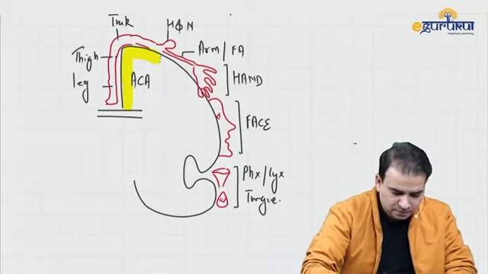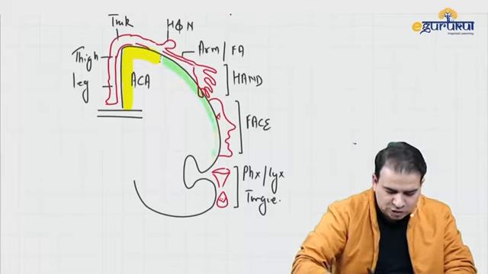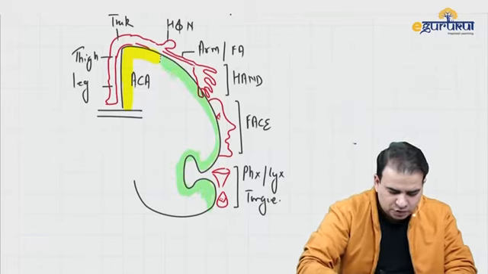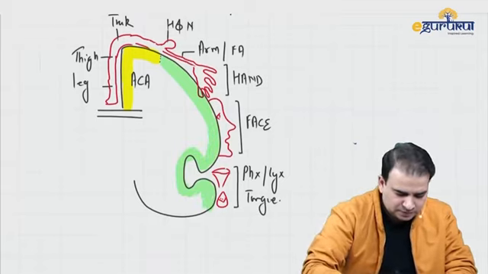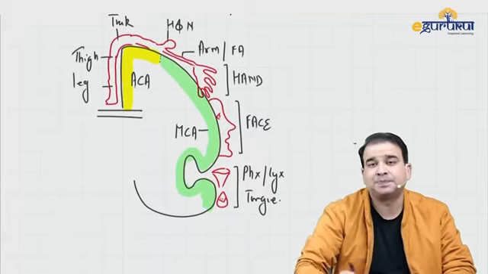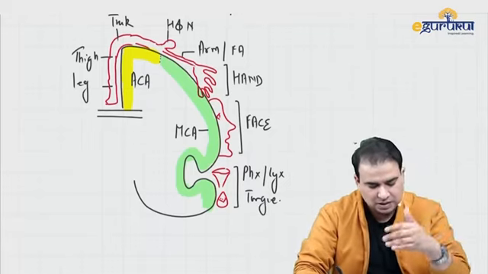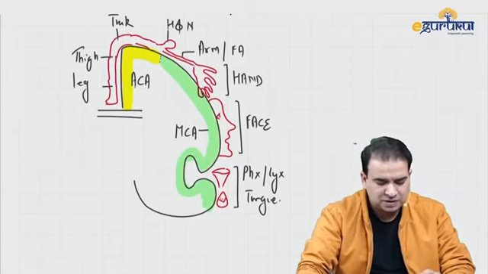Then the majority of the superolateral surface, the dominant artery on the superolateral surface, will be the middle cerebral artery. So we have an anterior cerebral artery, and a middle cerebral artery, which is the predominant artery on the superolateral surface. So you can see the areas which are representing the hand and the face.